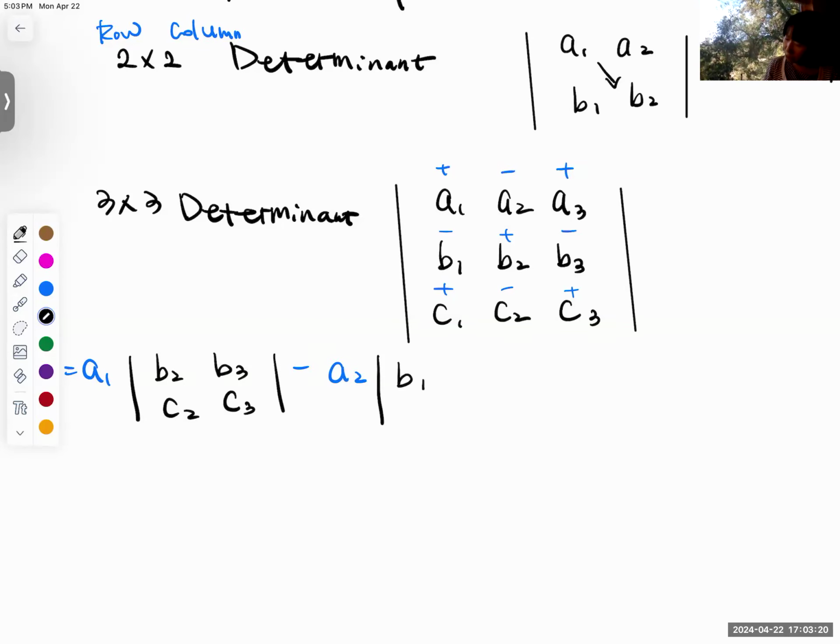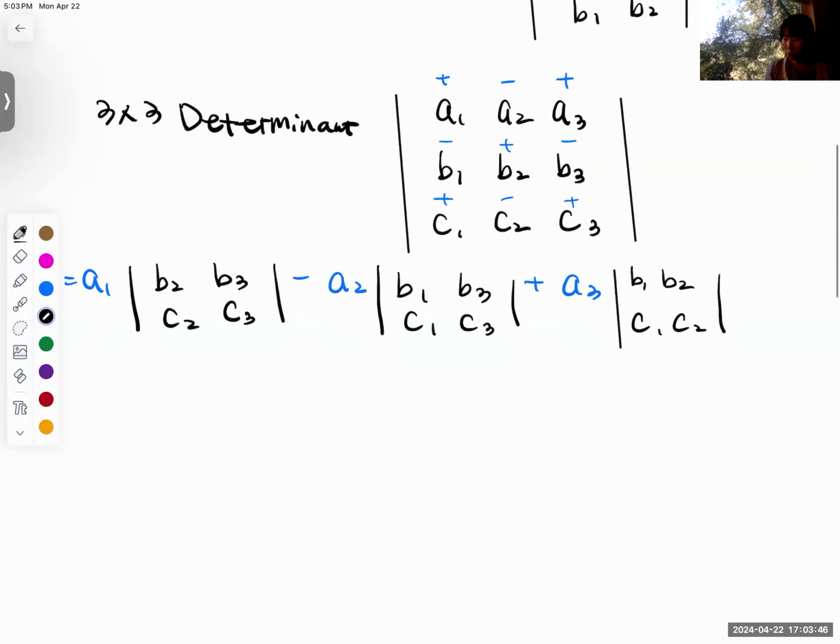So we are using b sub 1, b sub 3, c sub 1, c sub 3, right? If I make a mistake, please let me know. And for a sub 3 we take out, then that's positive. Then we cross out first row and third column. So b sub 1, b sub 2, c sub 1, c sub 2, right?